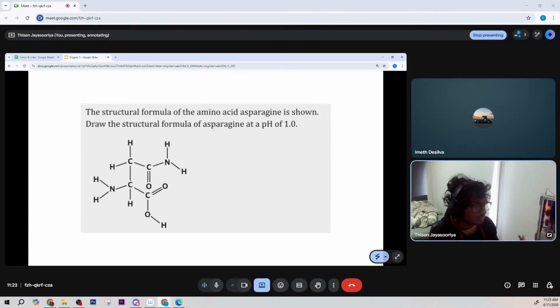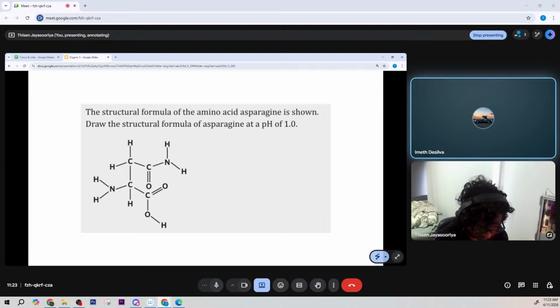So here, the structure of the amino acid asparagine is shown. Draw the structural formula of asparagine at a pH of 1.0. So, what is it acting as? Is it acting as an acid or a base at this pH?